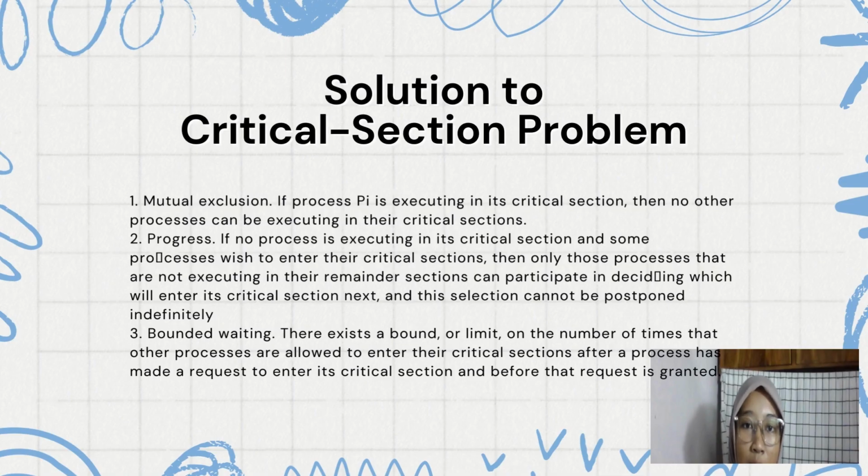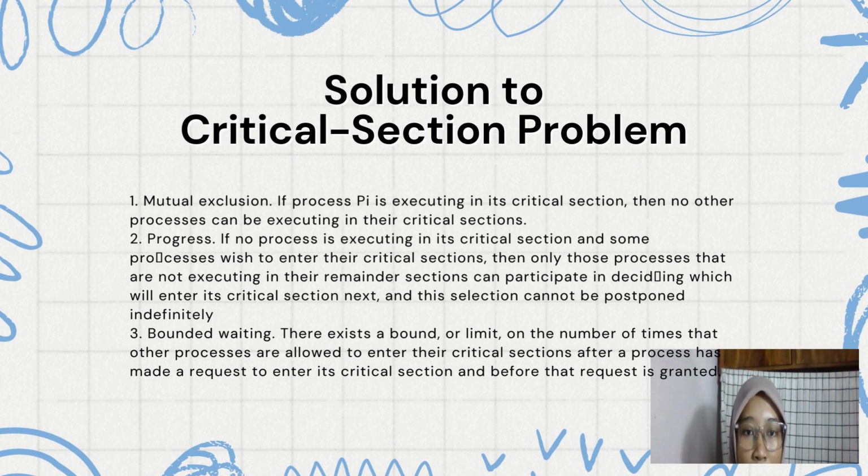The solution to the critical section problem. Number 1, mutual exclusion. If process Pi is executing in its critical section, then no other process can be executing in its critical section. Number 2, progress.